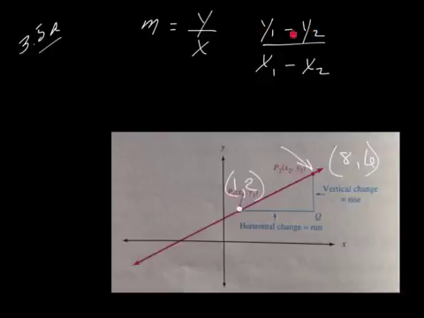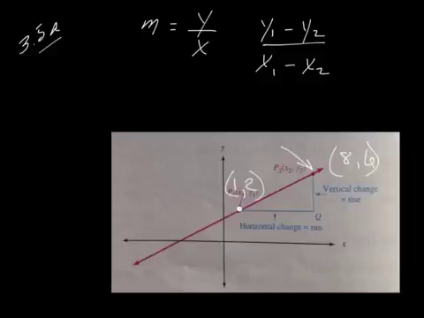The book has it y2 minus y1. It doesn't matter. All these symbols mean is one of the y's, and the other one. Doesn't matter if you name them 1 or 2 or 2 to 1 or Peter and Paul. As long as you know which y you're talking about, it doesn't matter.